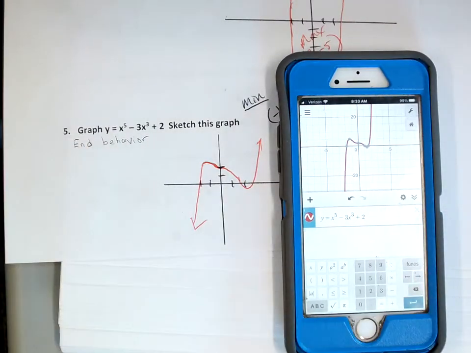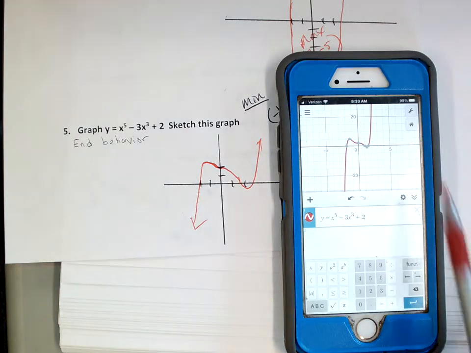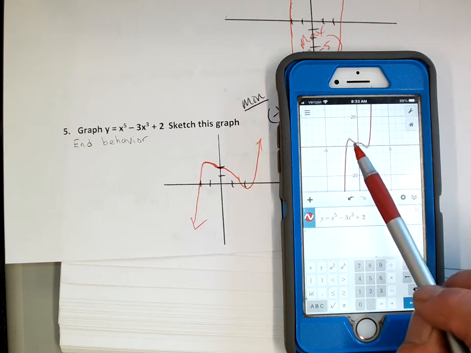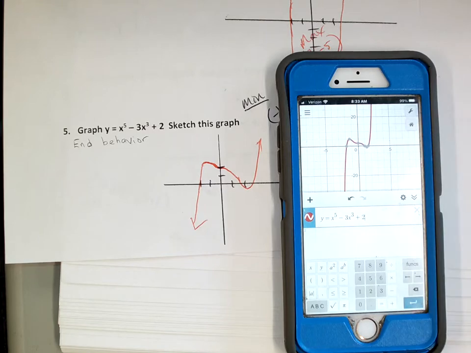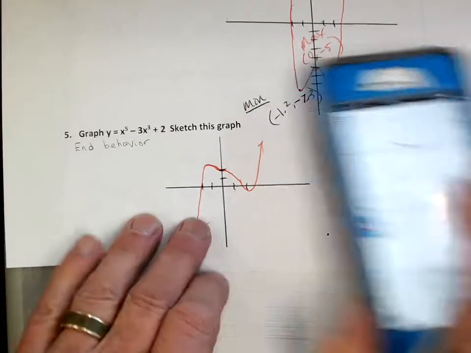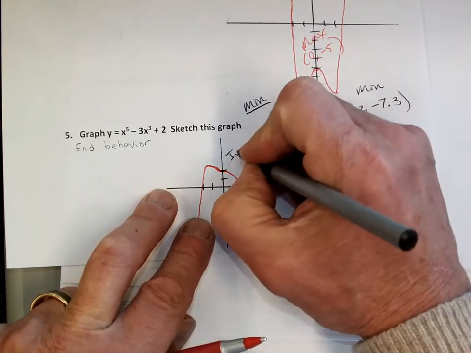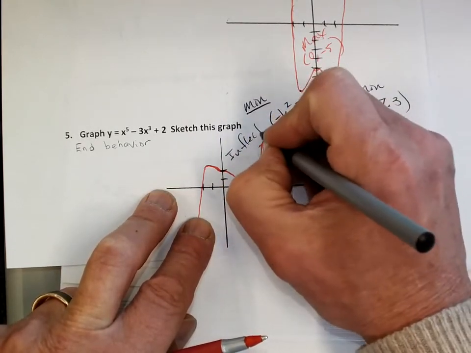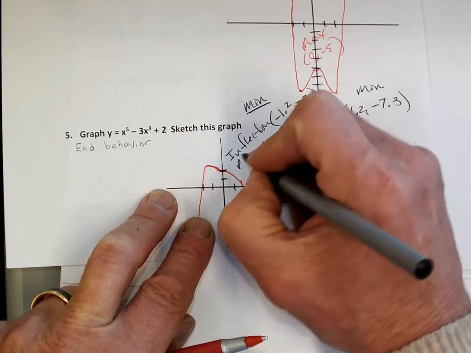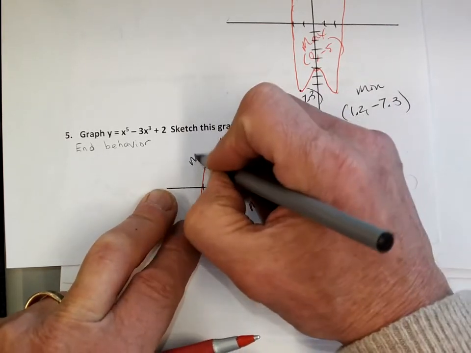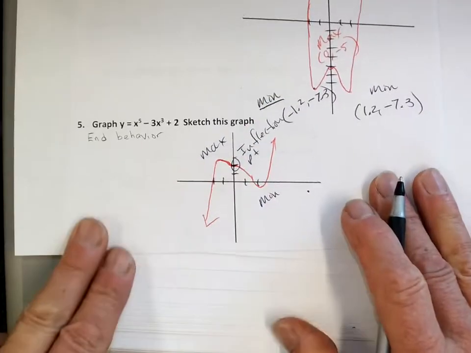So that's another inflection point, isn't it? See how it changes right there? That's a max, and that's a min, right? You guys see the little inflection point? It's right there. That's a min. That's a max, okay?